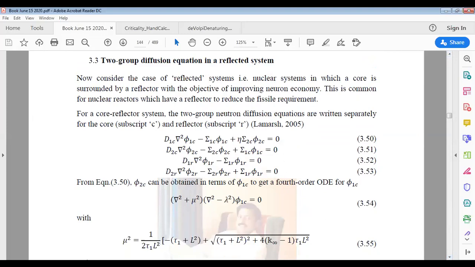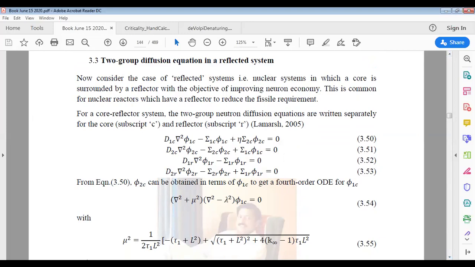And today in this lecture I'm going to show you the applications of this, by which we can estimate the size or composition of critical assemblies. So this lecture I'll take you to some practical aspects.